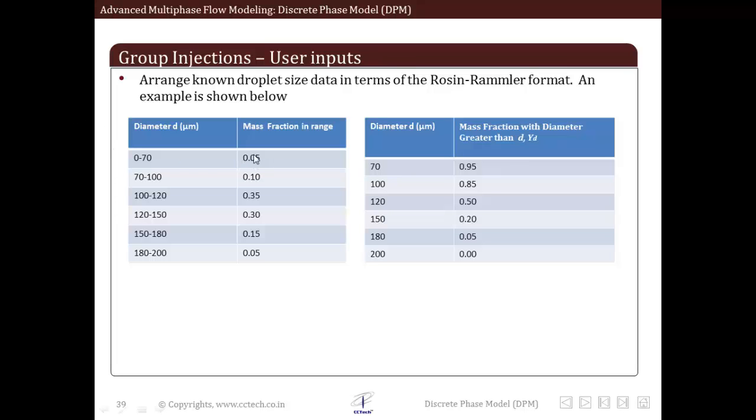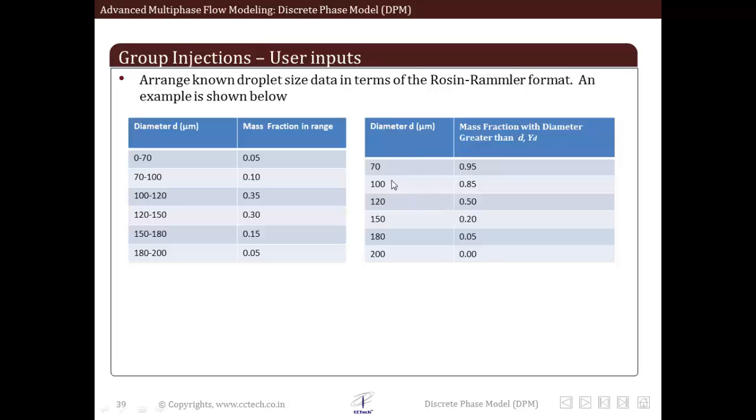We simply subtract this 0.05 from the total, that is 1, and we get 0.95. So what it means is that the particles within the injected stream that are greater than the diameter 70 are 0.95 fraction of the total number of particles.